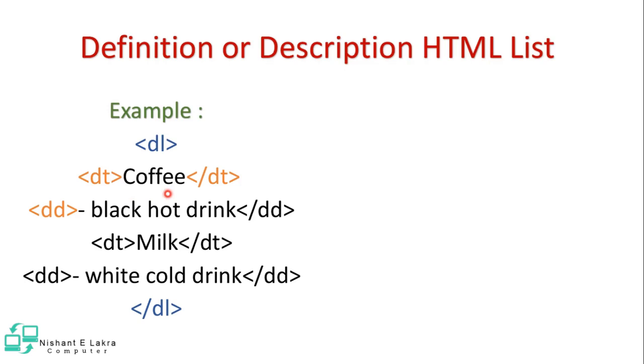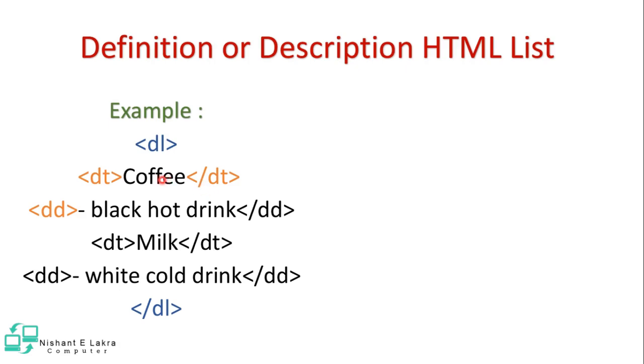And to describe this name coffee, we are using the DT tag. The DT tag has both an opening and a closing tag. The opening DT tag is inside the angular bracket, and the closing DT tag is inside the angular bracket with a slash.